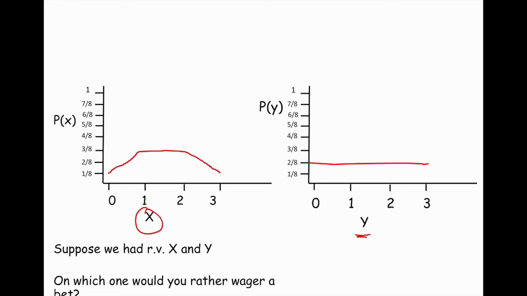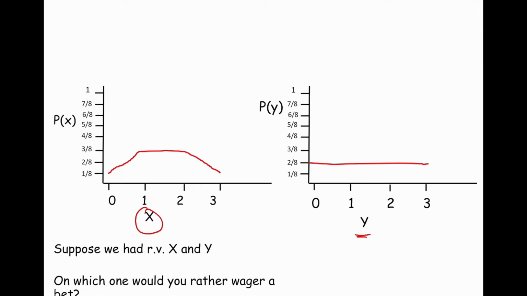If you play the game for a few rounds, you'd notice, oh, wait a minute, the 1 and the 2 seem to pop up or appear 3 times as much as the 0 and the 3. It does not vary as widely. Whereas in the Y version of the 3-coin flip game, each of those values pops up an equal amount of time.